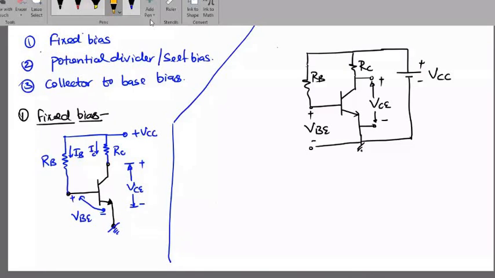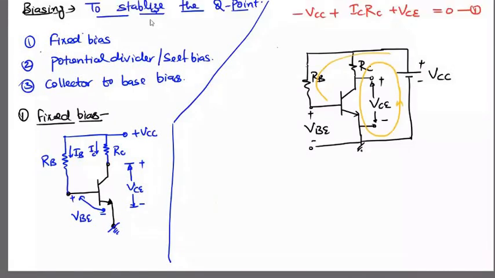In the first loop, if you write the equation, then minus VCC, and here this current is IC and this current is IB. So minus VCC plus ICRC plus VCE equals 0, this is the first equation. Mr. Patel, is there any problem? No, sir. Now I think this is very clear.